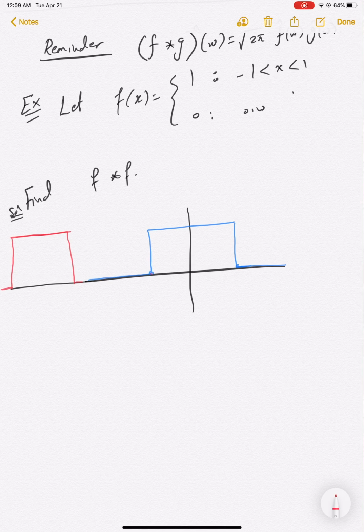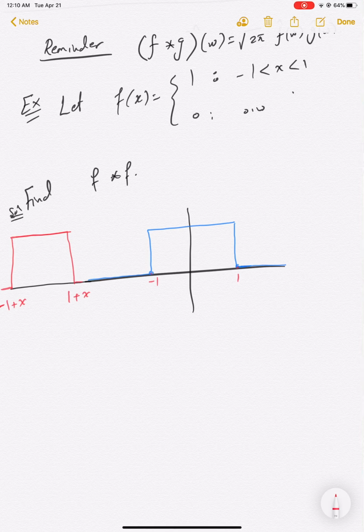So basically, if this is -1 and this is 1, when you shift it, this becomes 1 plus x, this becomes -1 plus x. This is exactly what happens when you shift the function by x units.